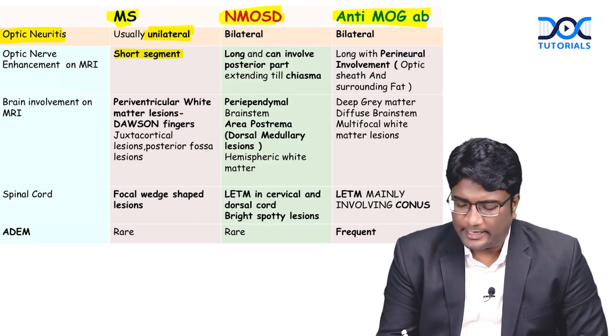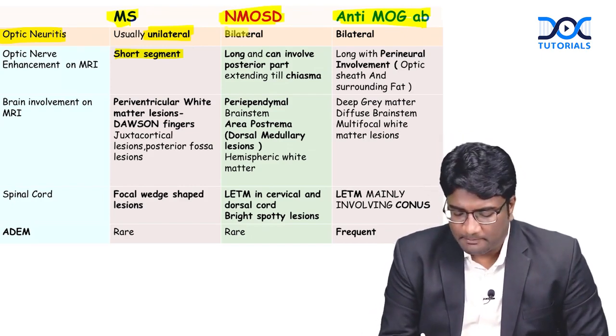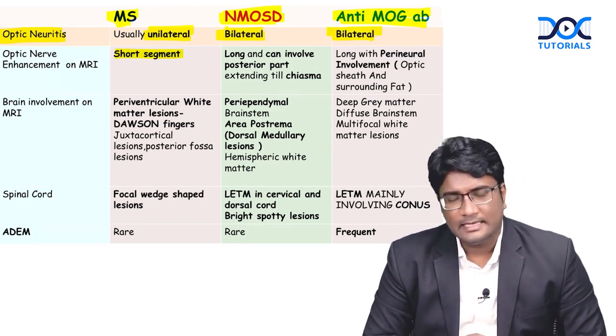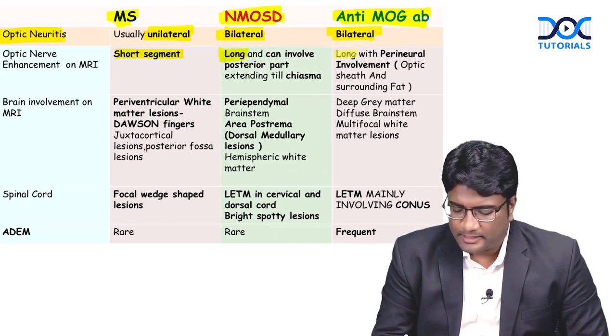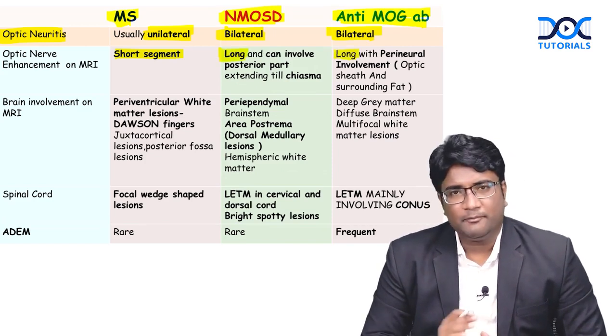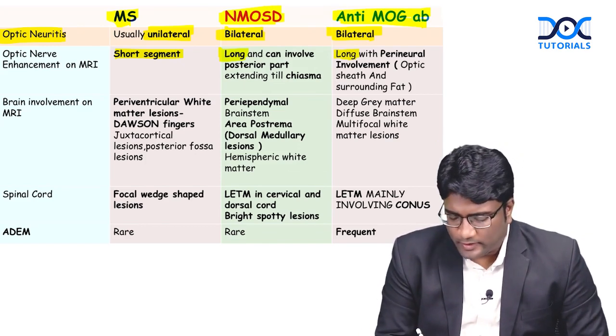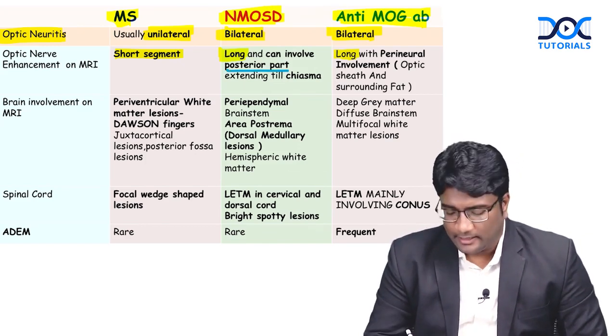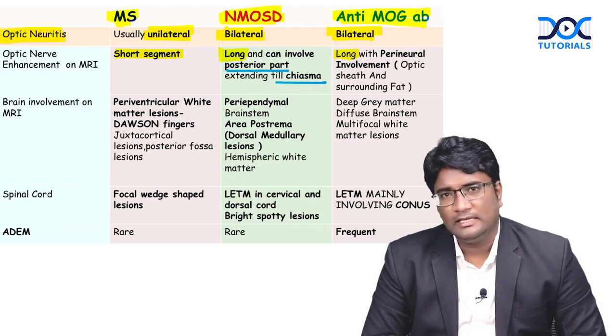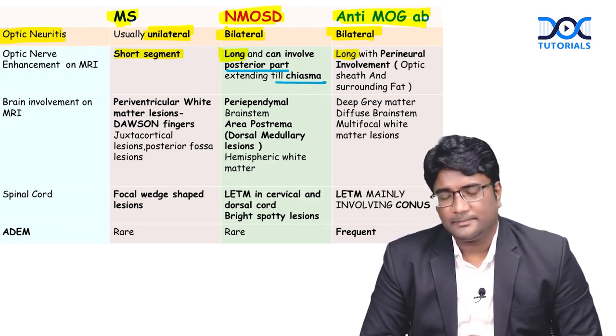Whereas in NMO and anti-MOG antibody diseases, there is bilateral optic neuritis and usually long segments of the optic nerve are involved. The important and unique difference is that in NMO, it usually involves the posterior part, and the chiasma can be involved in NMO spectrum of diseases.